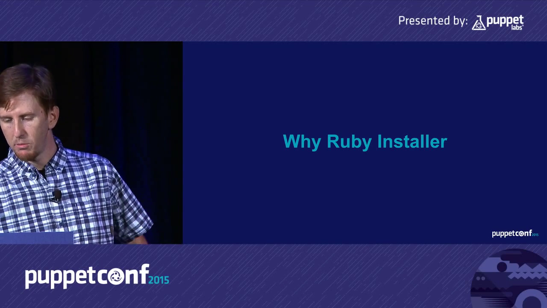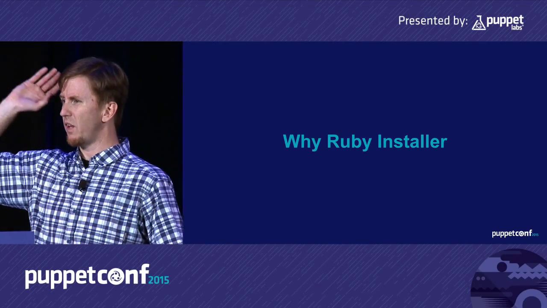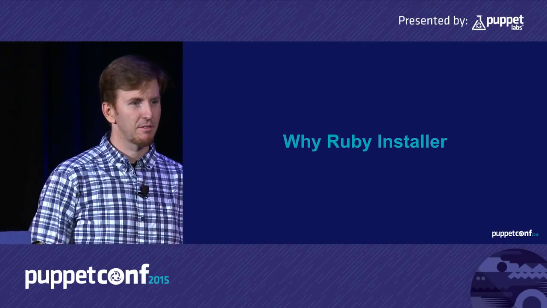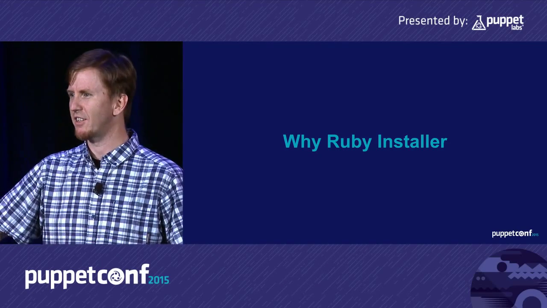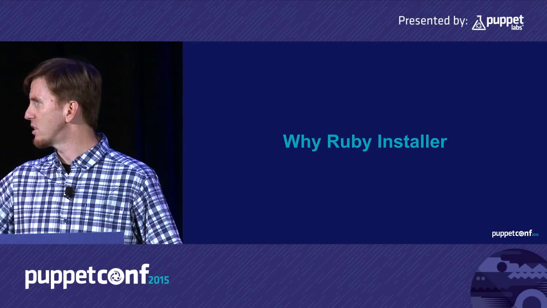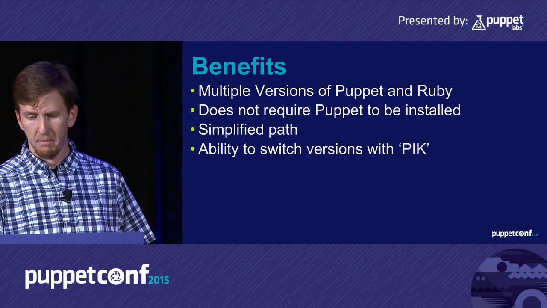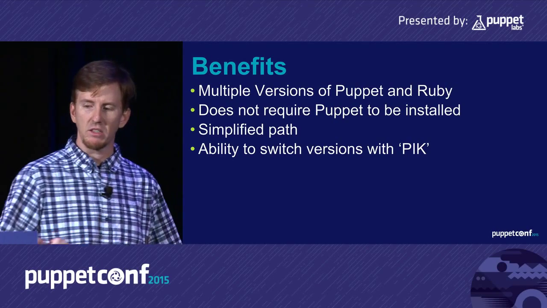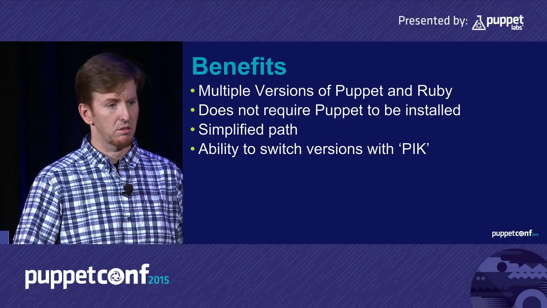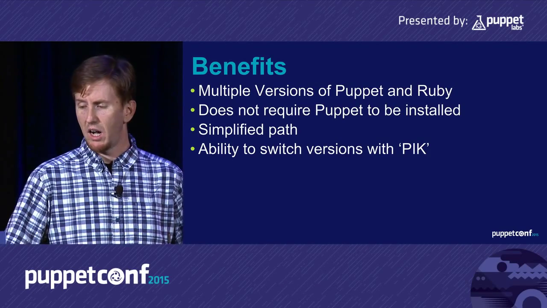And again, why the Ruby installer? How many of you here only develop for one version of Puppet? I see one hand. So multiple versions of Puppet are running all over the place, or you want it on the Forge and working everywhere with multiple people. I go with the Ruby installer because, for one, I want to install multiple versions. I'll use Pik, for those who are not familiar with that.